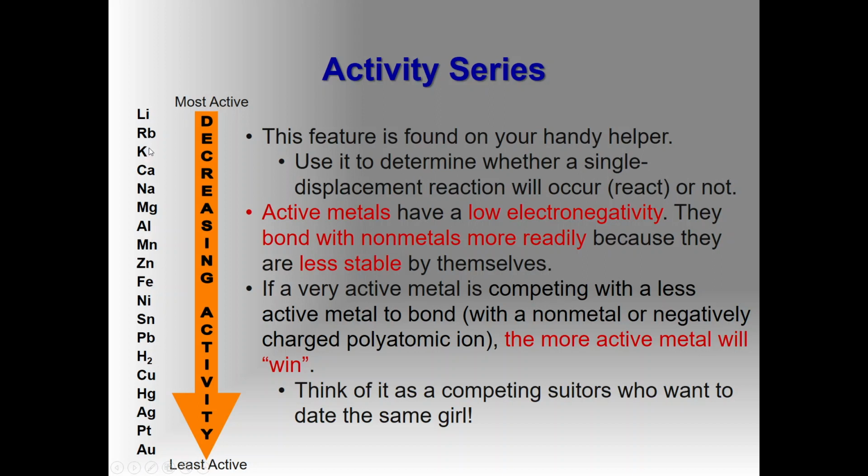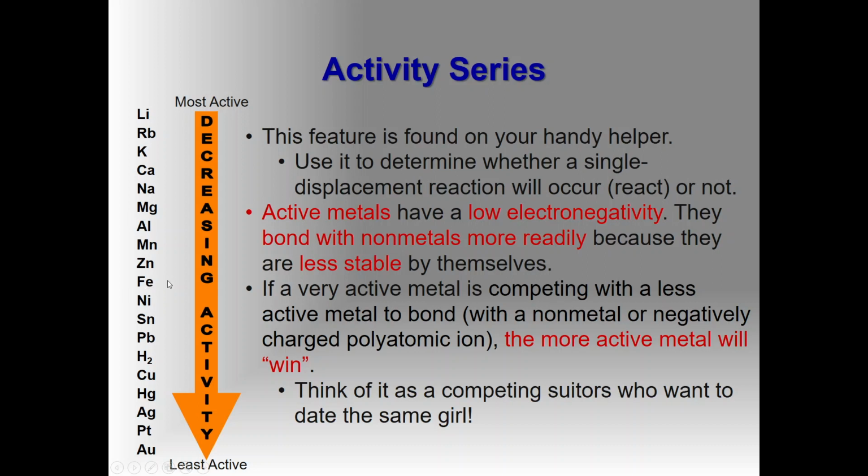So if you have a choice between an alkaline earth or alkali metal versus a transition metal, the alkaline earth metal or the alkali metal is going to win versus any transition metal. Your copper and gold, platinum, and mercury, they're at the extreme bottom.